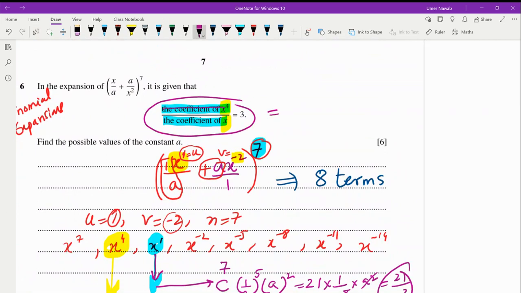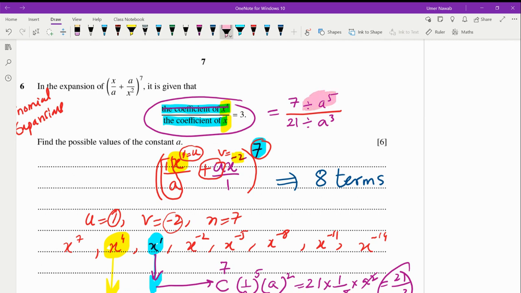The coefficient of x^4 I have found is 7 divided by a power 5, 7 over a^5, over the coefficient of x that I have found, which is 21 divided by a power 3.